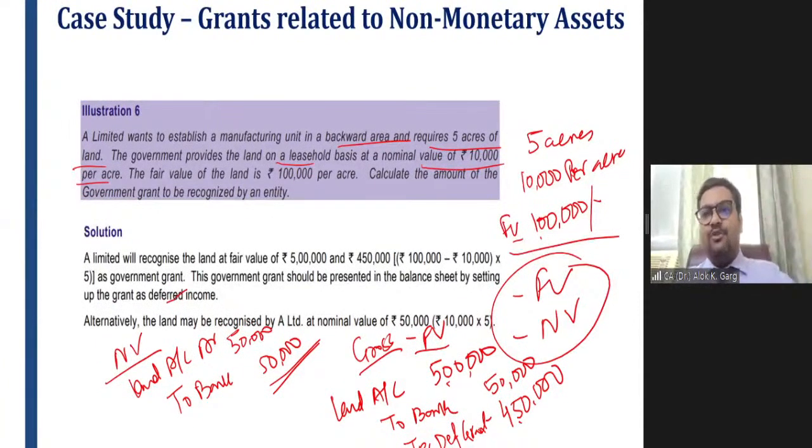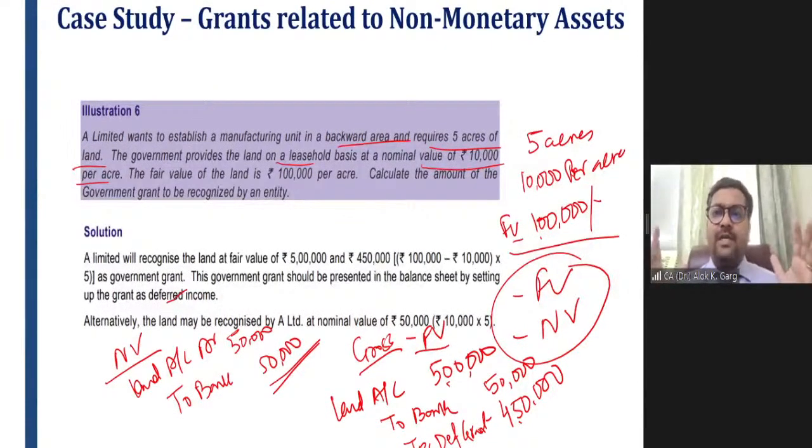The asset has been shown at a gross value, like 50 lakh. The second way is that the grant can be reduced from the cost of the asset. So 50 minus 20, 30 lakh, is the value at which the asset is going to be recognized. No income will be there since the grant has been reduced from the cost of the asset. This is known as the net approach, and the net depreciation has to be shown in the P&L.